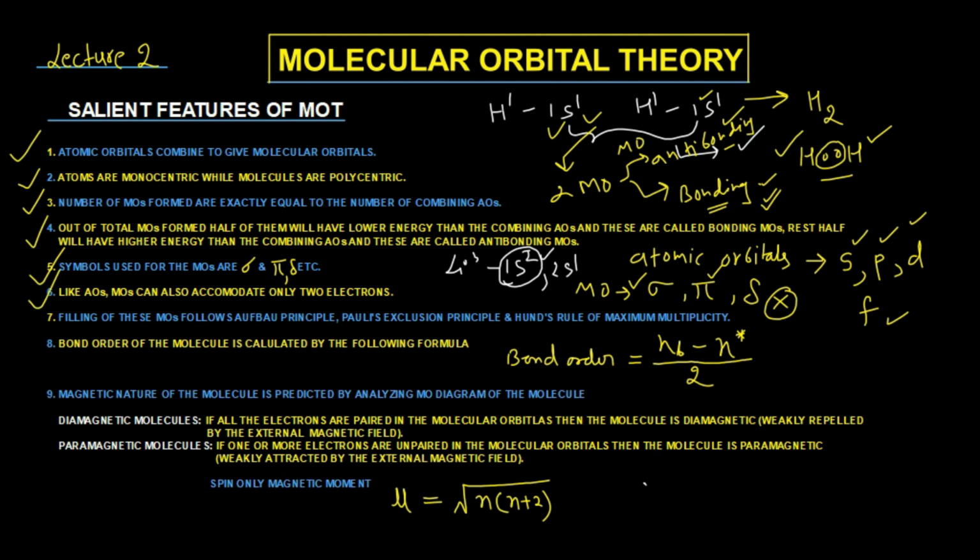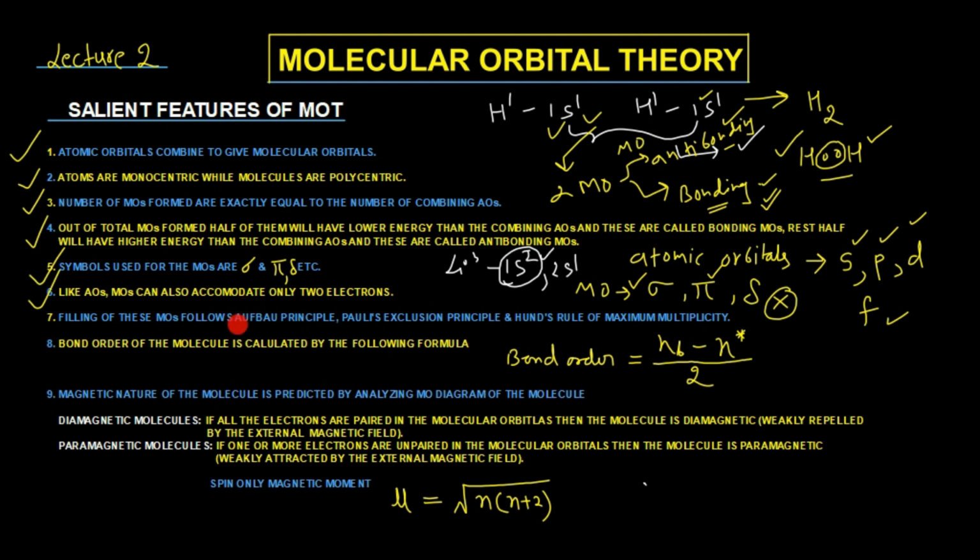Now point number 7: filling of these molecular orbitals follows the Aufbau principle, Pauli's exclusion principle, and Hund's rule of maximum multiplicity. In your atomic structure, when you learned quantum numbers and the filling of atomic orbitals, you first of all must follow the Aufbau principle, which is the building up principle.